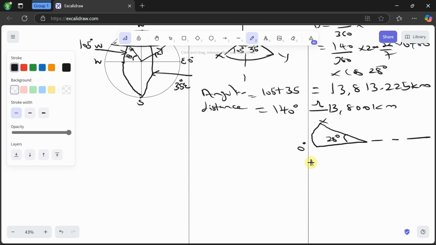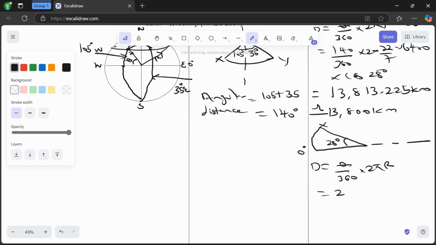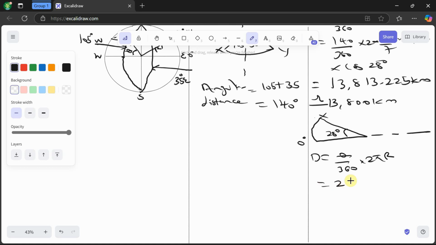So our distance d would just be theta over 360 times 2 pi R. Our theta here is 28 degrees, so that will be 28 over 360 times 2 times 22 over 7 times 6,400. So you can plug that into the calculator.